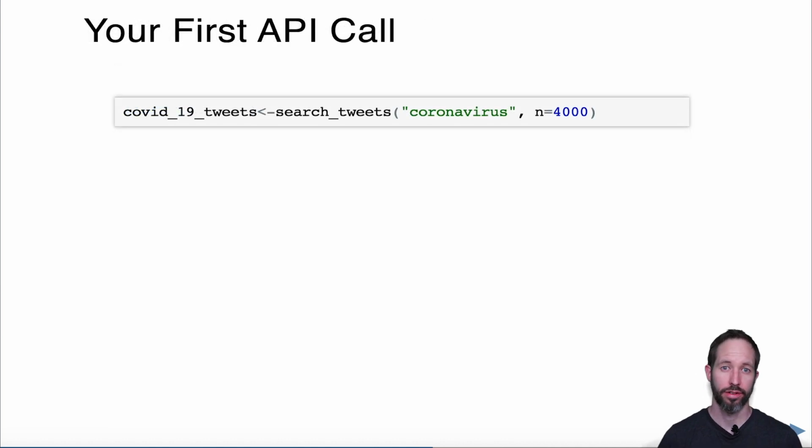So let's make our first API call together. We're going to use the function search_tweets to try to collect 4,000 tweets about coronavirus. And so in this little code chunk here, when you run it, you'll see a little status bar in your console of your RStudio window, and that's telling you how quickly the data are being collected.